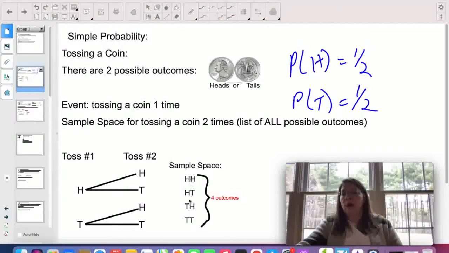Well, that would be 1 out of 4. What's the probability of getting both tails? Again, 1 out of 4. What's the probability of getting a head then a tail? 1 out of 4. What's the probability of getting the same thing both times? Well, they could both be heads or they could both be tails. So that again would be 2 out of 4, or 1/2.